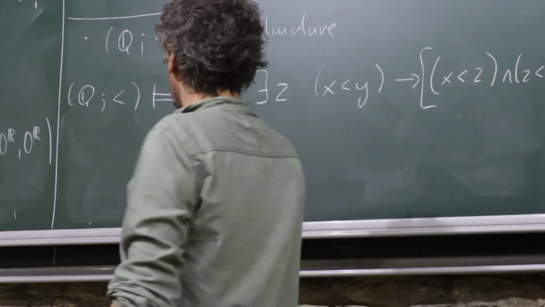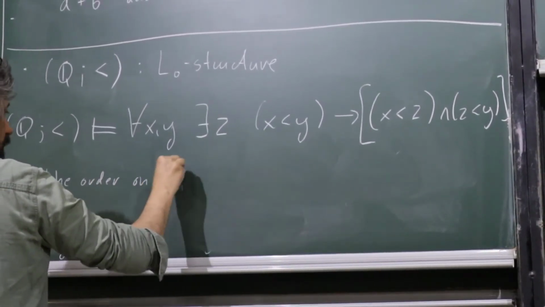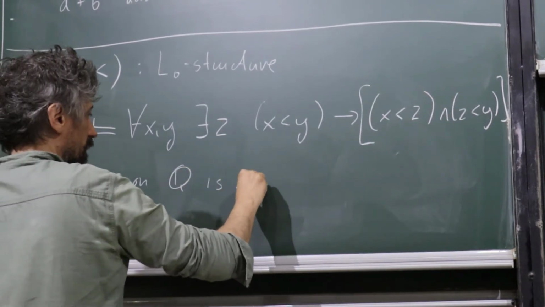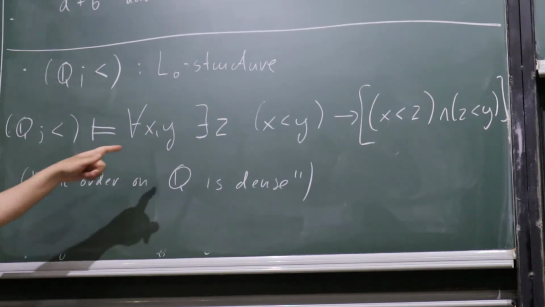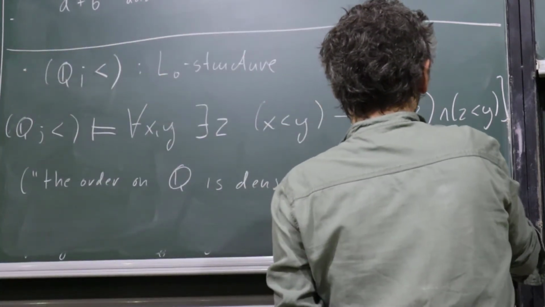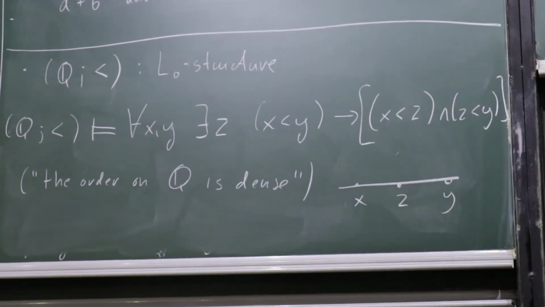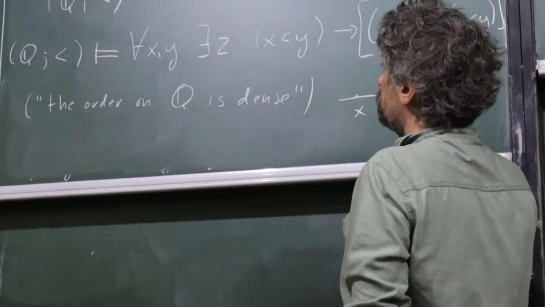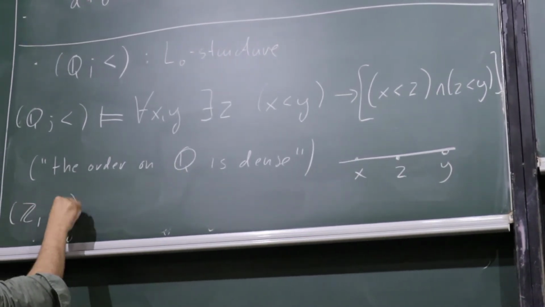So basically it says that the order Q is dense. This is a property which can be expressed by this kind of sentence: between any two elements in the order, there is another one. So this is an example of a sentence which is true in Q, but for example it is not true in Z.